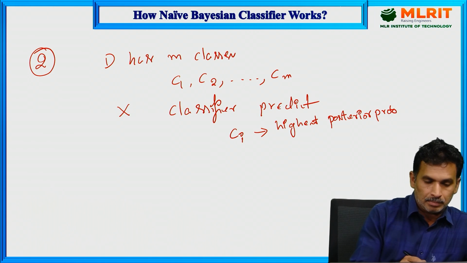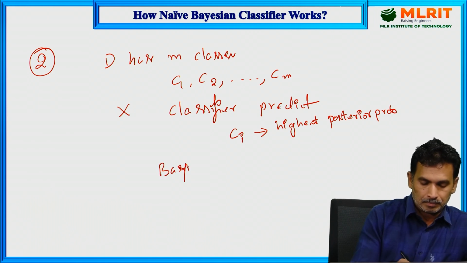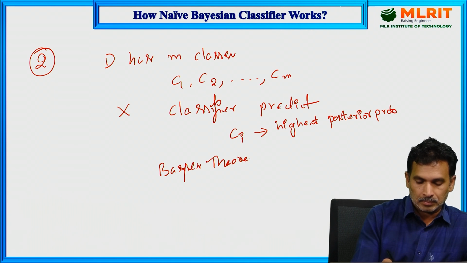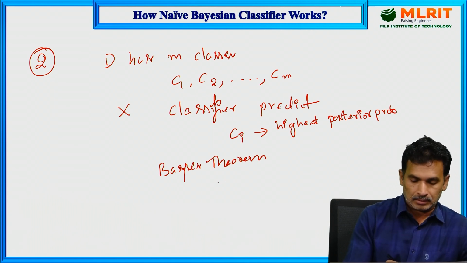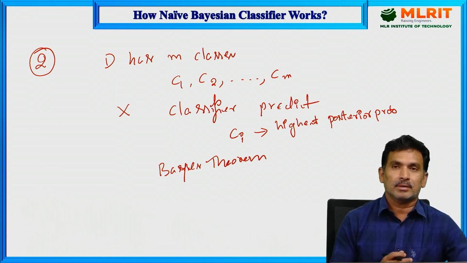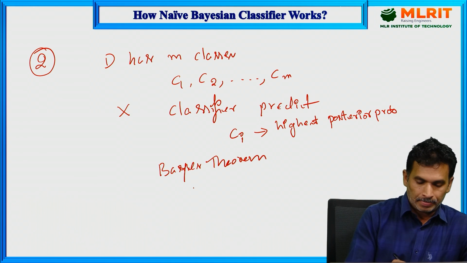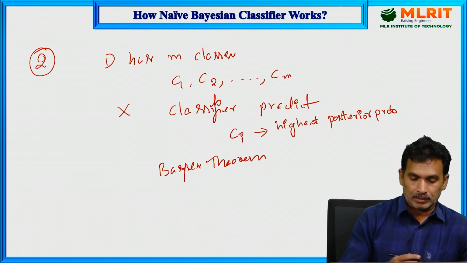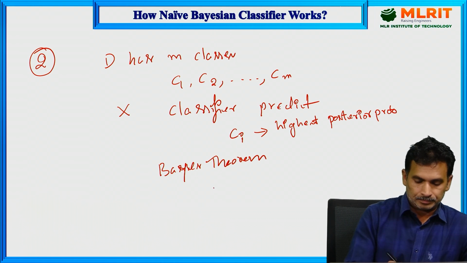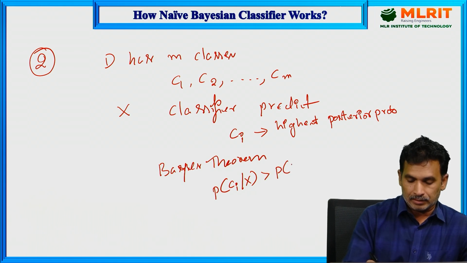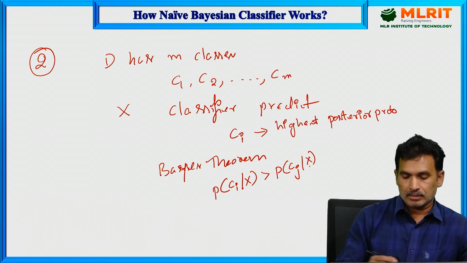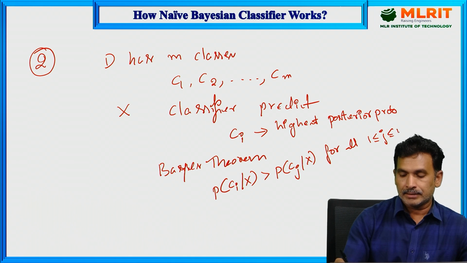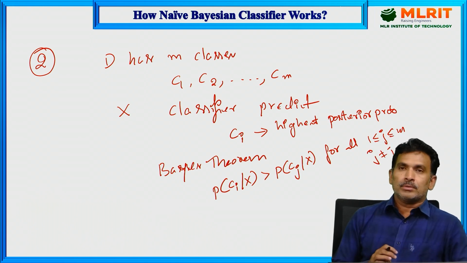That means the Bayes theorem predicts the class label of tuple X. Ci is the class label of tuple X if and only if the probability of Ci given X is greater than the probability of Cj given X for all j between 1 and m, where j is not equal to i.